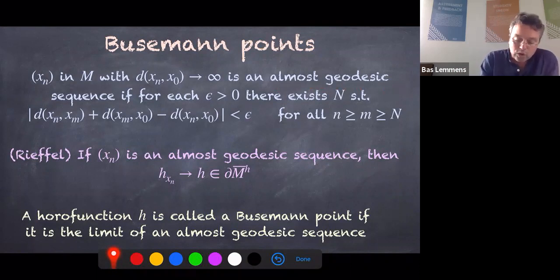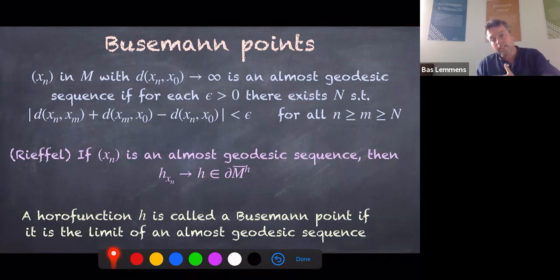It means that, roughly speaking, you're close to actually making triangle equality in the end. For each epsilon, if I look at the distance between xn and xm, plus the distance between xm and the starting point x0, and I subtract the distance from xn to x0, this is smaller than epsilon for n greater or equal than m, sufficiently large.